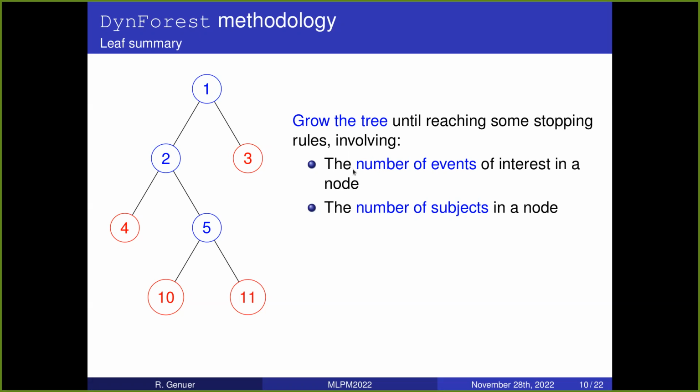The first one is the number of events of interest in a node. We want to keep a minimal number of events in a node to perform the split, and also the number of subjects.